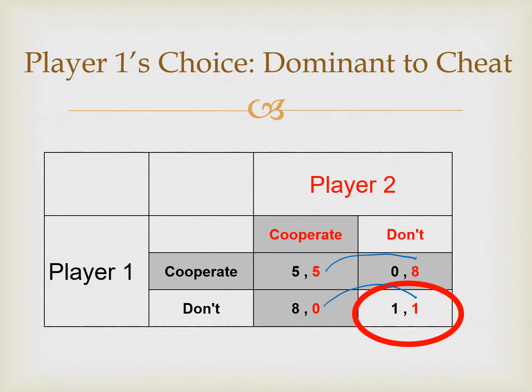Right? 8 is better than 5, and 0 is worse than 1. So both players are going to not cooperate, and we end up at this 1-1. Cooperate just isn't in their choice set here, even though it is Pareto superior to the 1-1 outcome.